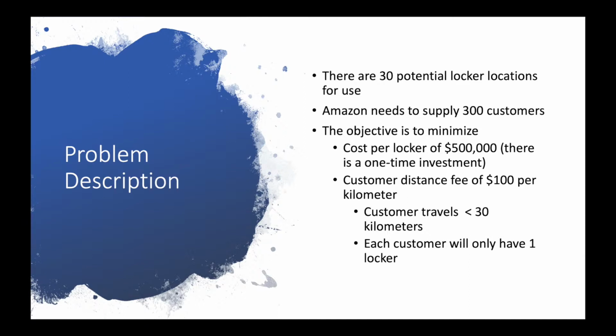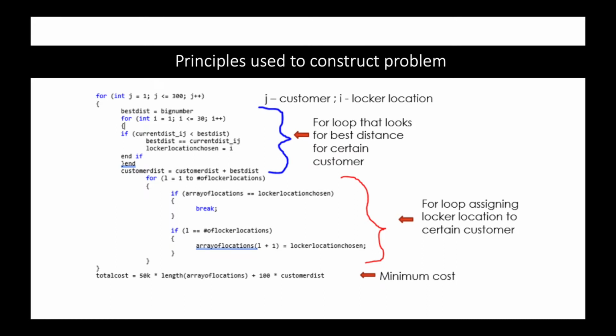And we also have a cost for the distance the customer travels, which is $100 per kilometer, and we want the customer to only have to travel less than 30 kilometers to reach a locker, and we have only one locker per customer.